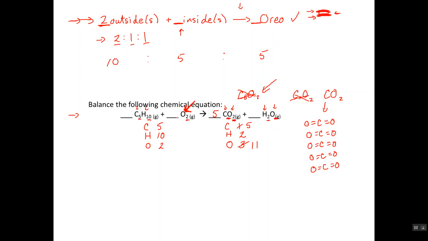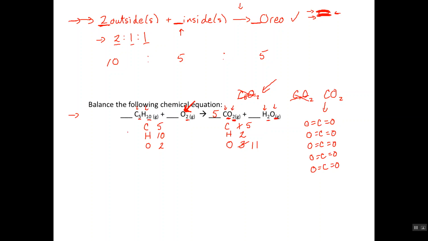If I left, say, hydrogen or carbon to last, then I would have to be putting coefficients in front of other chemicals in this equation that may end up messing up something I'd already balanced, and then you end up having to go back and forth, and sometimes you do anyway. But this is just a little trick. If you have any kinds of atoms that just occur by themselves, leave those till last.